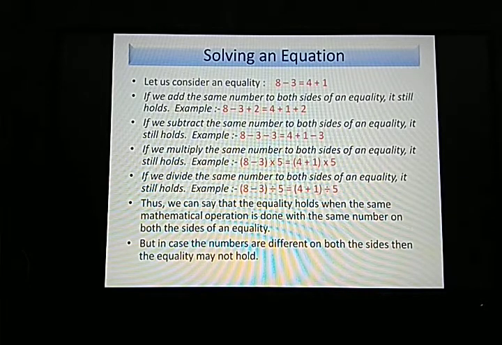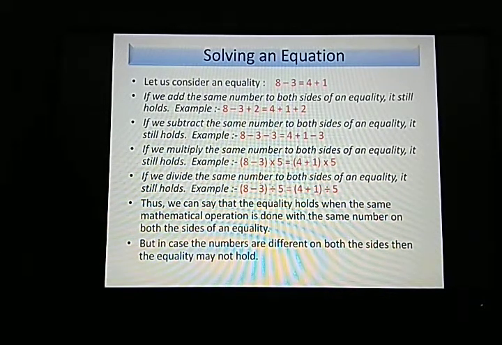So if we use different numbers on both the sides of an equality and carry out the mathematical operation, the value may or may not hold. So we can say that in that case the equality will not hold. Clear? Now let's move on to our next slide.